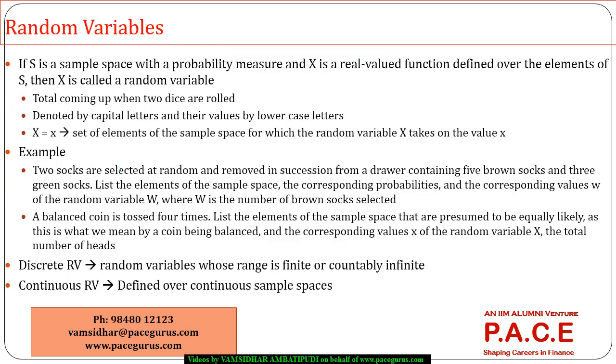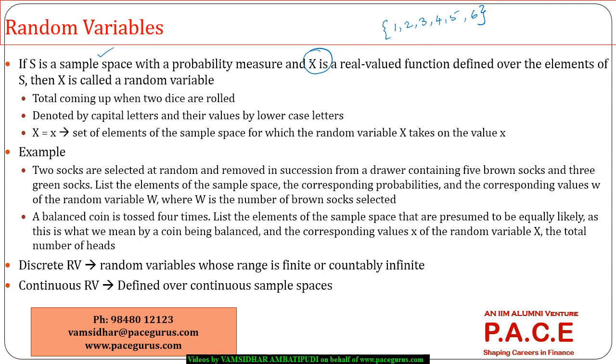So initially, random variable. If S is a sample space, and X is a real valued function defined over the elements of S. So in short, if I'm talking about a sample space when I'm throwing a die, the sample space is 1, 2, 3, 4, 5, 6.